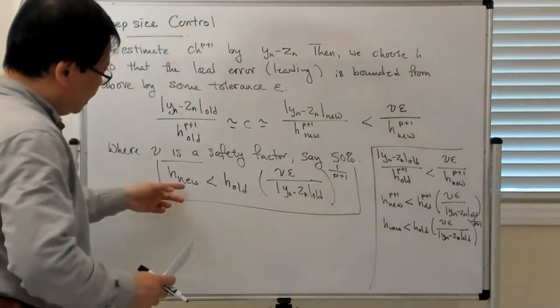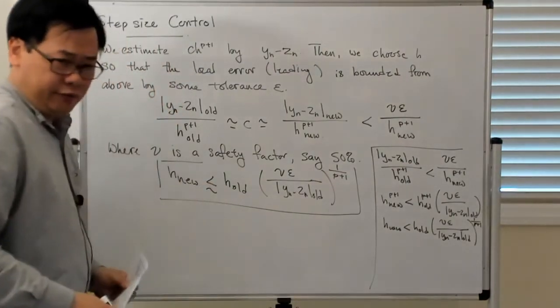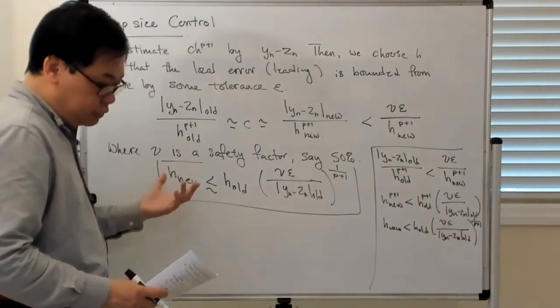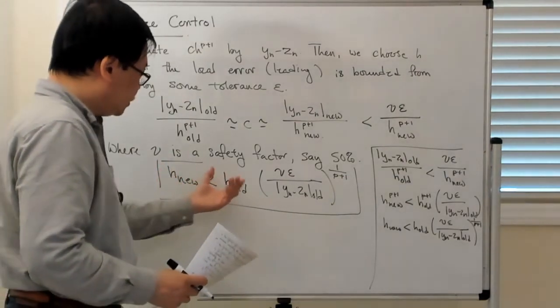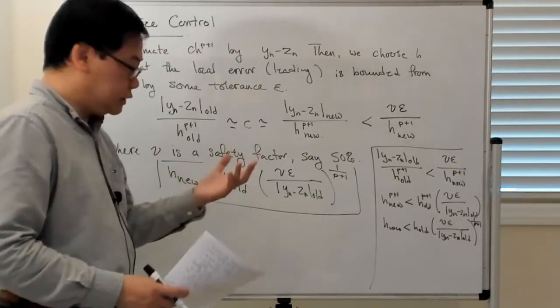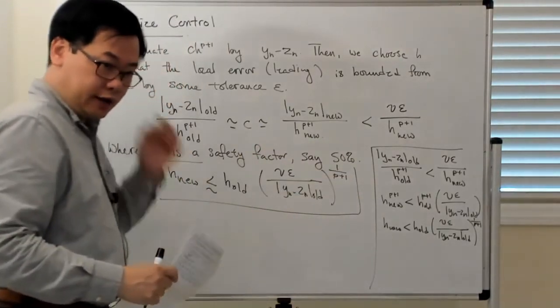And the basic idea then is that you want it not just to be less than, but roughly comparable. So if the time step is too small, for example, you might want to increase it so that it's roughly comparable to this thing on the right-hand side.